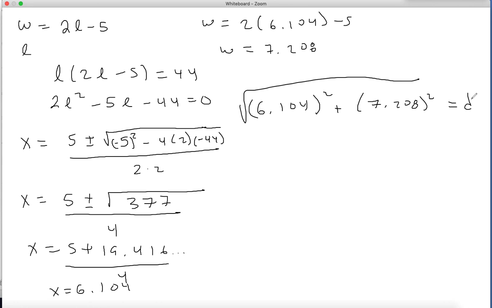So 6.104 squared plus 7.208 squared makes 89, and then we take the square root of 89.2, and then square root, and answer, and wow, I got it right.